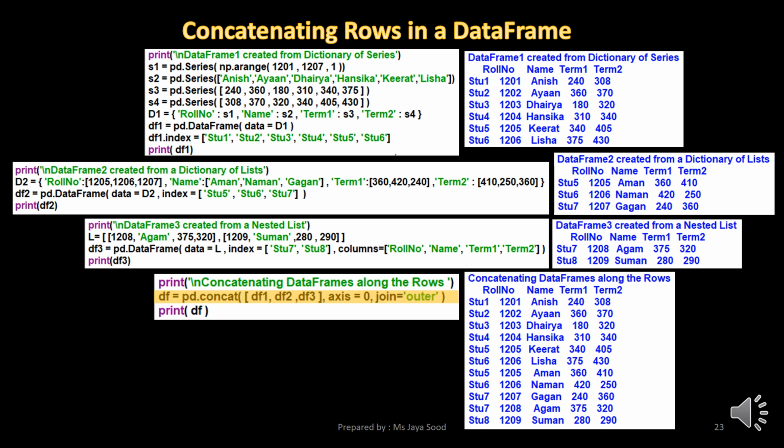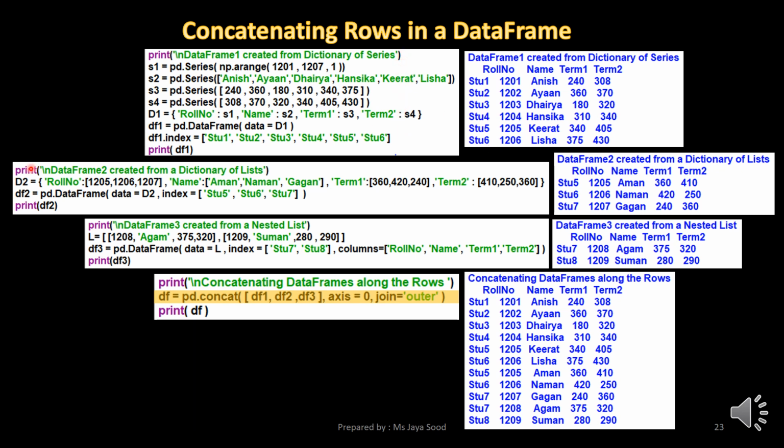Concatenating rows in a data frame. The data frame object df1 is created with 4 columns: roll number, name, term 1 and term 2, with the indexes stu1, stu2, stu3, stu4, stu5 and stu6 as in our previous example.